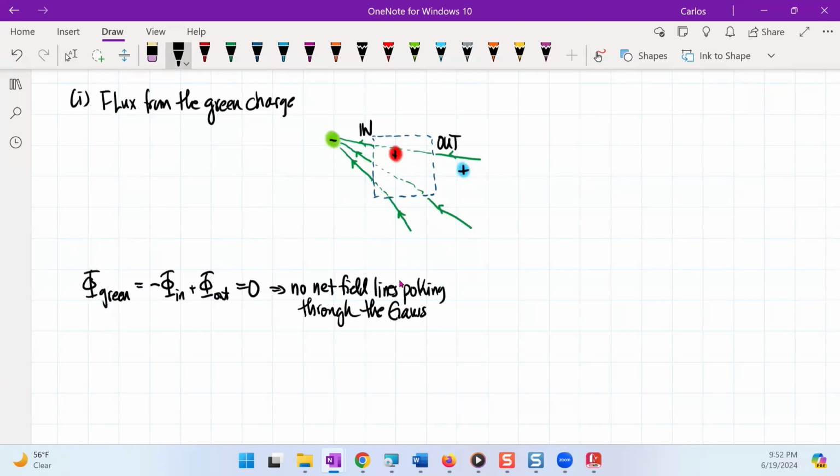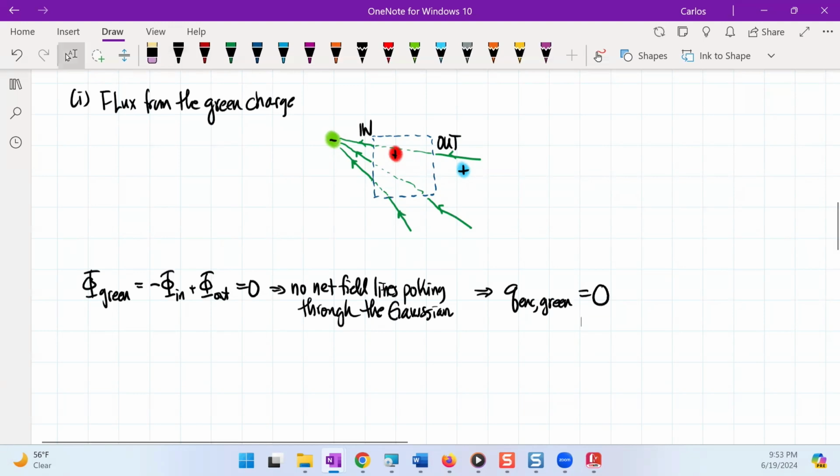So this implies then that the enclosed charge of the green in that Gaussian, of course, is zero. So the green charge does not affect the flux through that.